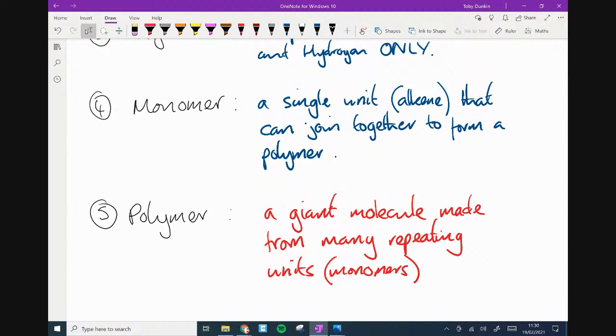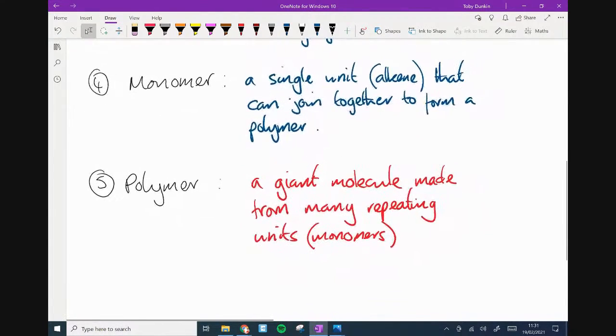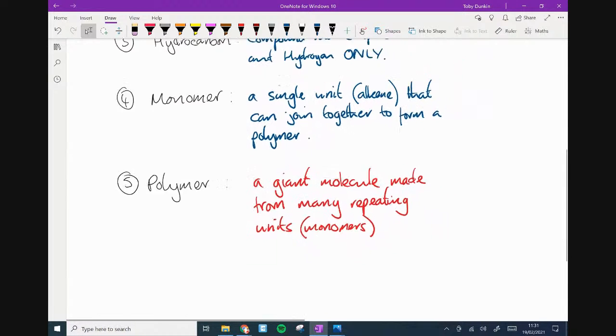She is a single unit, but we cannot create a larger structure from many Amanis, which means even though she would be classed as a single unit, she is not a monomer because we cannot join them together to make a polyamani. God, can you imagine how much of a nightmare that would be? Polyamani. Wow, it's amazing. Anyway, the word polymer has the word monomer in it, saying that it's a giant structure made from many repeating units, monomers. We're done.